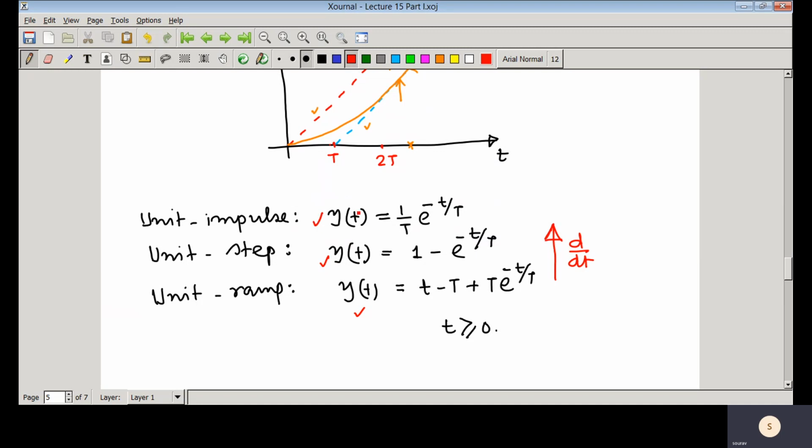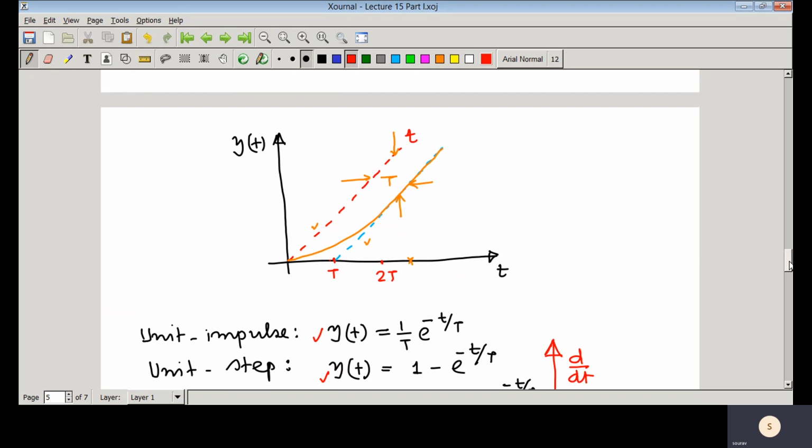Because this relationship holds, as you know, that if you take the derivative of the ramp signal, you will get the step, and if you take the derivative of step, you will get the impulse. So the same relationship is also valid here, that means it also holds whenever you take the output response.